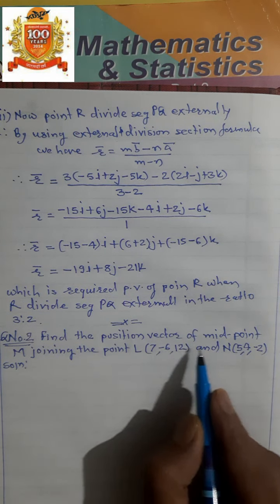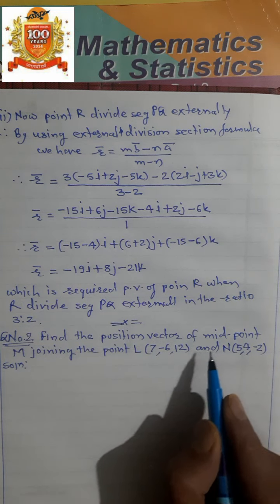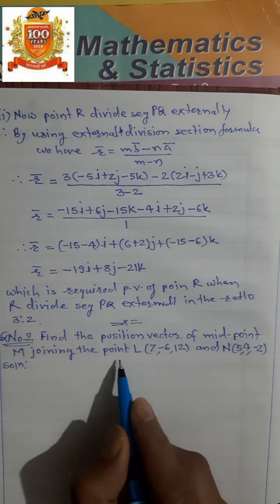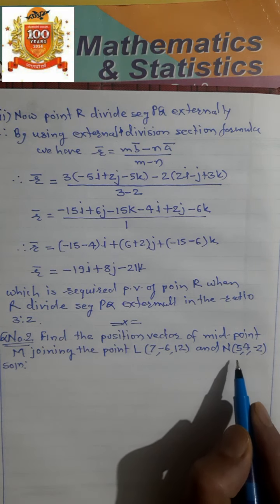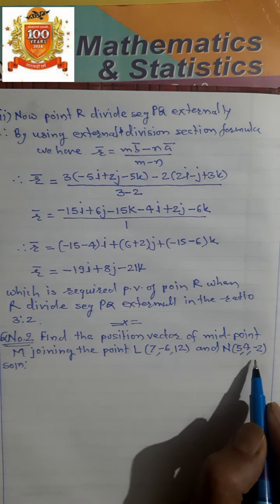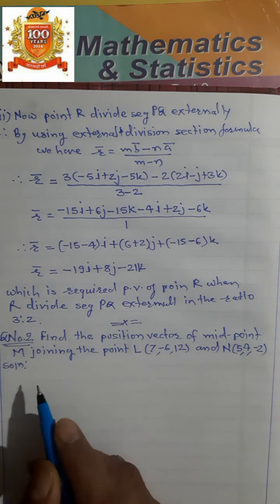Find the position vector of midpoint M joining the points L (7, 6, 12) and N (5, 4, minus 2). Solution.